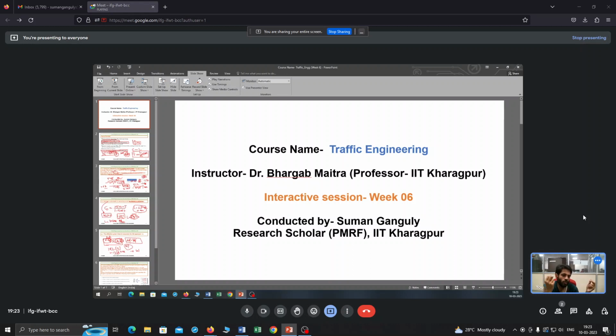It should move freely through the signalized corridors. And what do we mean by platoon ratio, and what is the discharge, right? Those things will be there in the next class. Whatever I feel is necessary, I will discuss.